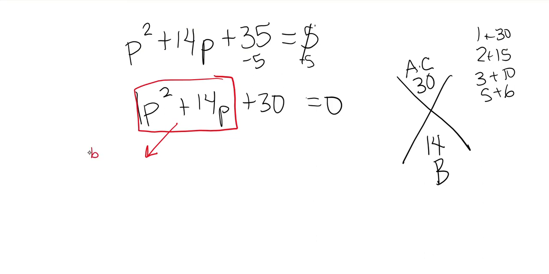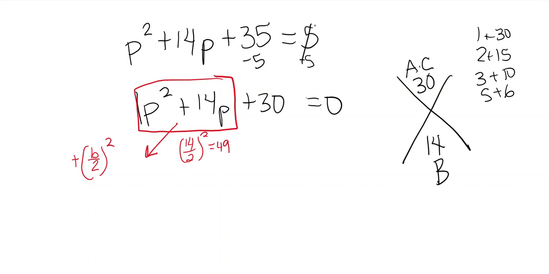You've got to remember b divided by 2 squared, because that is the value that must be added to make it a perfect square trinomial. So 14 divided by 2 is 7, and 7 squared is 49. So I am going to add 49 to both sides of this equal sign.